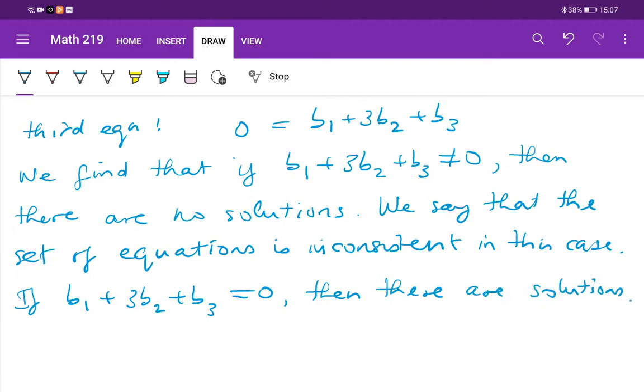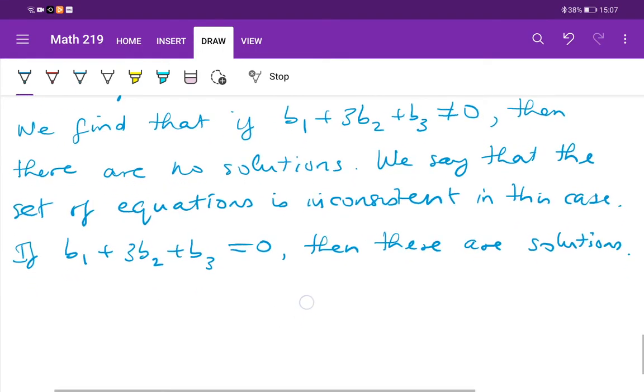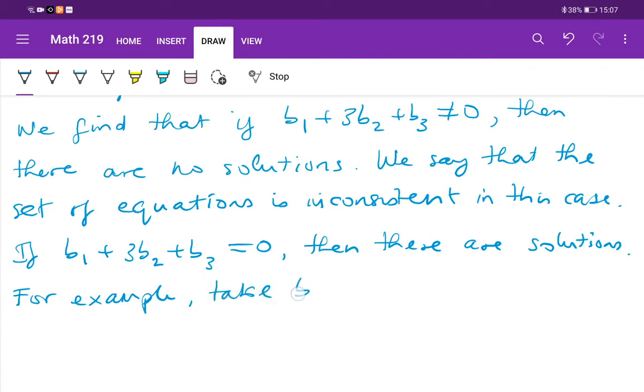To investigate this, let's make some choices of b1, b2, and b3. For example, take b1 equals 2, b2 equals 1, and b3 equals minus 5.